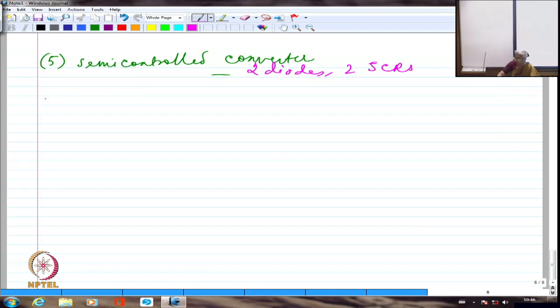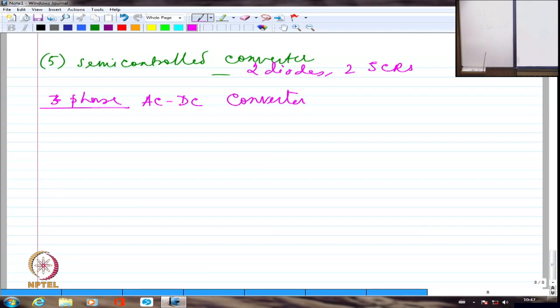Then we will go for 3-phase. Okay? So 3-phase AC to DC rectifiers. In this again there will be fully controlled. You can start off with diode, then diode converters are uncontrolled. Then fully controlled is all 6 devices, because for 3 phases I will need 6 devices.